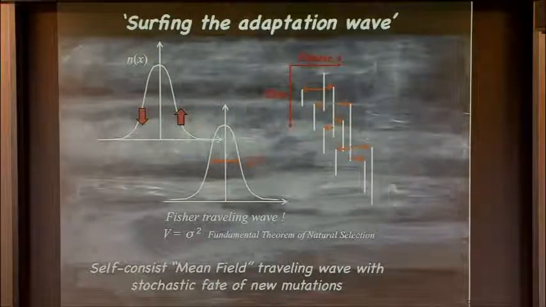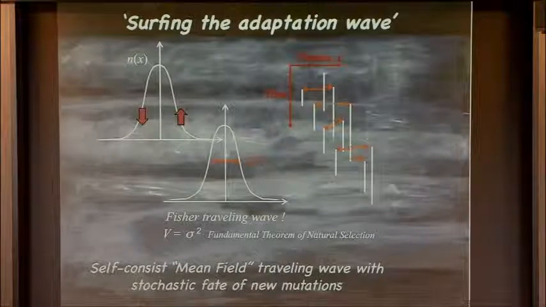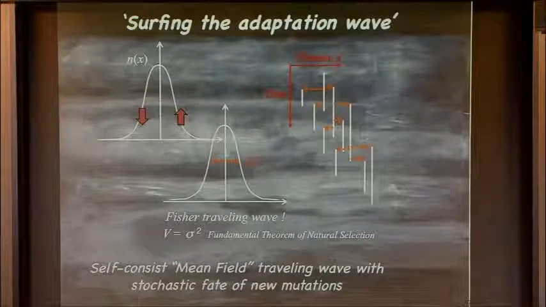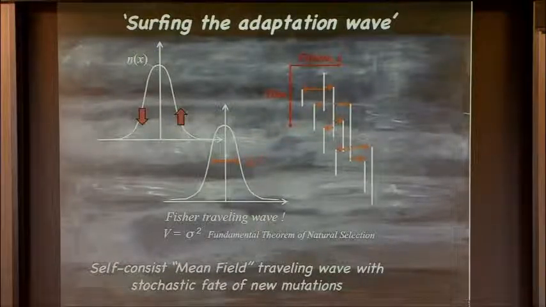And it is exactly this effort to make the two pictures self-consistent that will fix the variance in the distribution, right? That fundamental theorem of Fisher by itself cannot do for us.